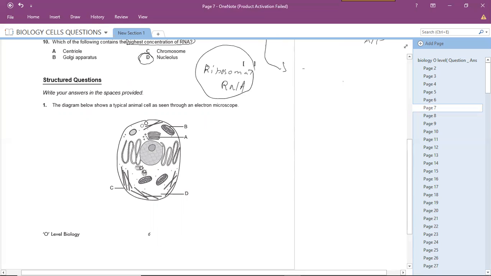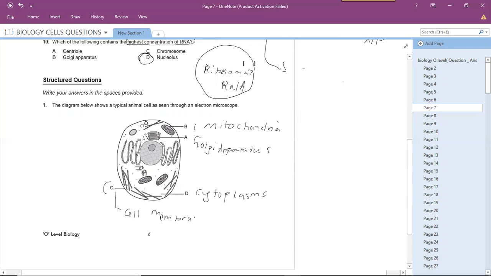So just memorize how this diagram looks. It looks like an animal cell. It's actually an animal cell because there is no cell wall there. This sausage-like structure here is your mitochondria. This structure here, they look like stacks, is your Golgi apparatus. And this structure here is your cytoplasm. And this part here is your cell membrane.